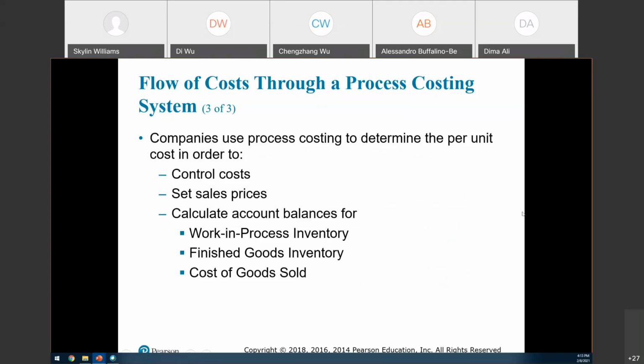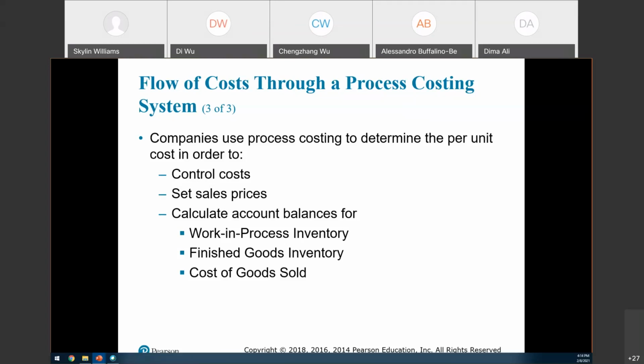Well, the companies use process costing to determine the per unit cost in order to, first of all, control the cost. The company can look for ways to cut the cost when actual process costs are more than the planned process cost.